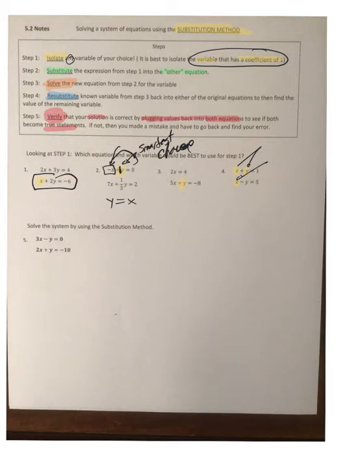In number 5, it says to solve the system by substitution method. So step 1 is to either get x equals or y equals. And I'm going to choose the bottom equation, and I'm going to get that y by itself. So to do that, don't I want to subtract 2x from both sides?